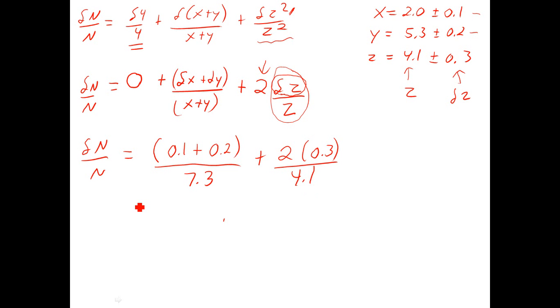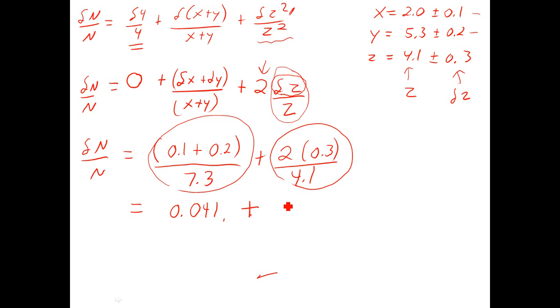And we can take another step here. If I've done my math right, this guy here amounts to 0.041, and the other one, this guy, amounts to 0.146, which comes together to give us 0.187. So look what we have. And this is an important step, not that the other ones weren't important.